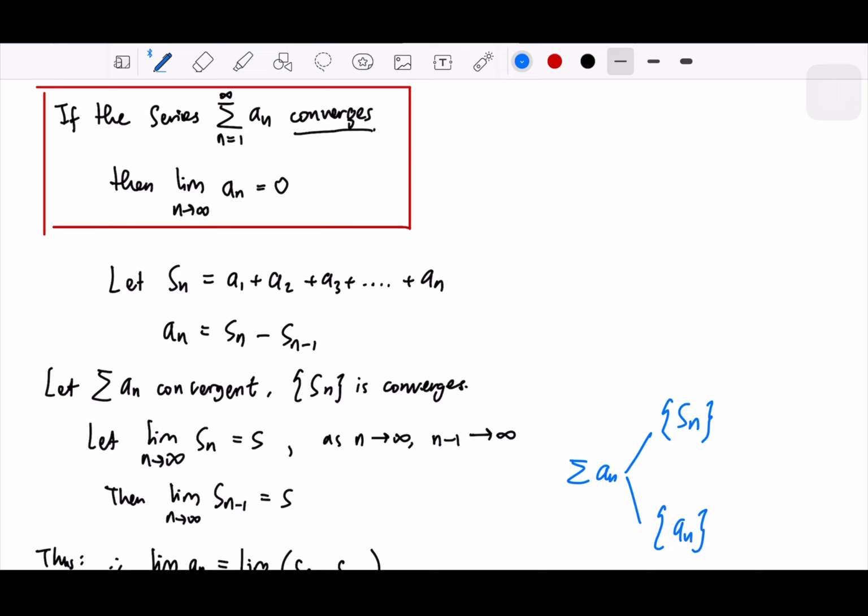But from this theorem, actually we can reverse, but we say if the limit of the sequence is not 0. So let me write, okay?